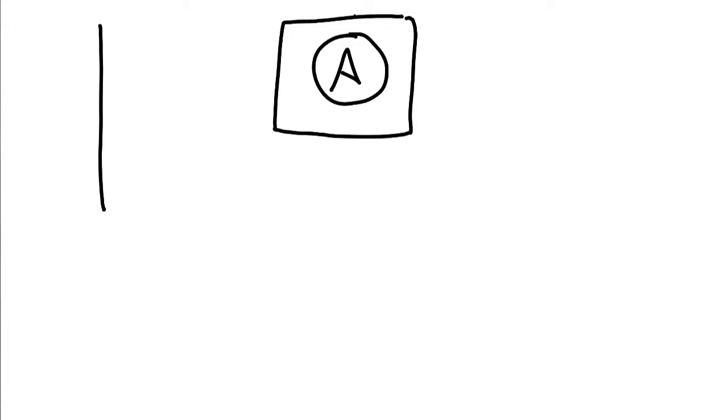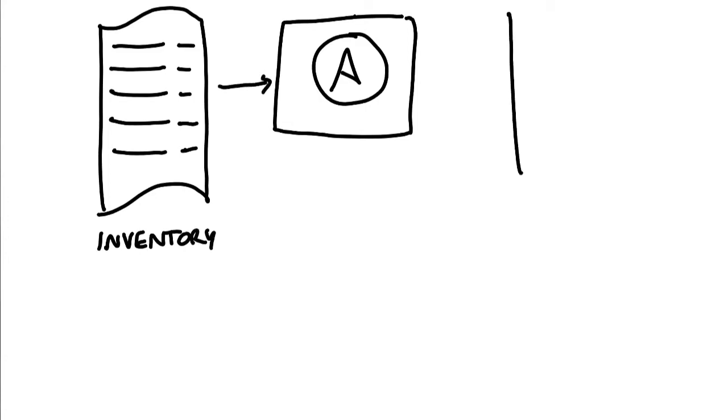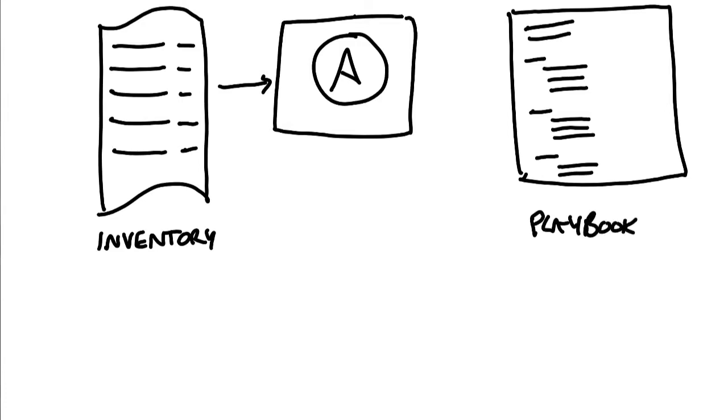The premise is really simple. You take an inventory as a list of devices and some parameters that relate to them: groups, access methods, host names, credentials, IP addressing, and so on. You then take a playbook, a set of automated tasks with some branching and looping logic wrapped around them and documented in a YAML file.